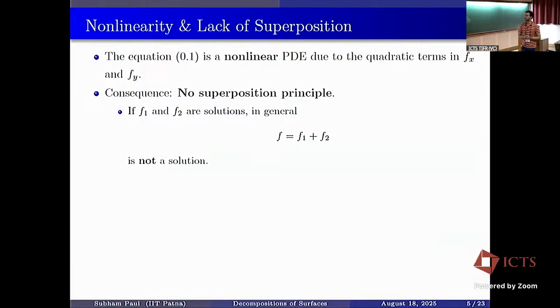Now, you can see from the nonlinear PDE of 0.1 that it lacks the superposition principle. What I'm trying to say is that if F1 and F2 are two solutions of that PDE, it is not necessary that F1 plus F2, if you add these two solutions, will again be a solution of the minimal surface equation.